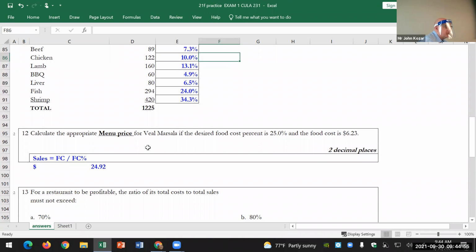Calculate appropriate menu price. If the food cost percent you'd like is 25%, and food cost is $6.23, we divide the food cost by the food cost percent, and you should get a number close to $24.92.